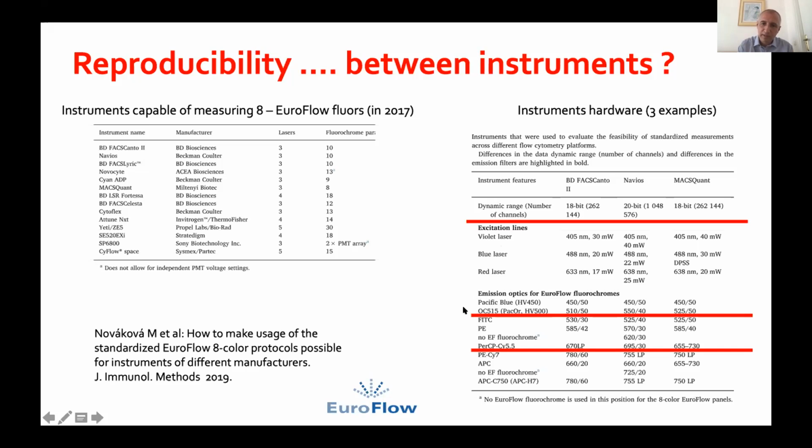And then there will be differences in the emission optics. So the major difference that we encountered was for the second violet parameter, which was either Pacific Orange, Horizon V500 or OC515 dyes, where some instruments detect relatively shorter wavelengths and some relatively higher.